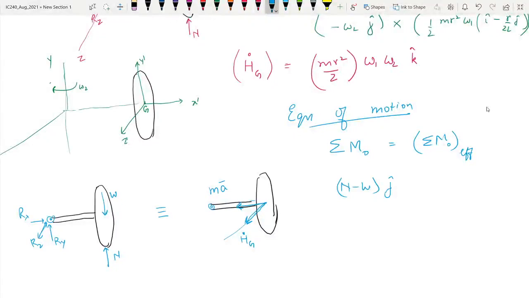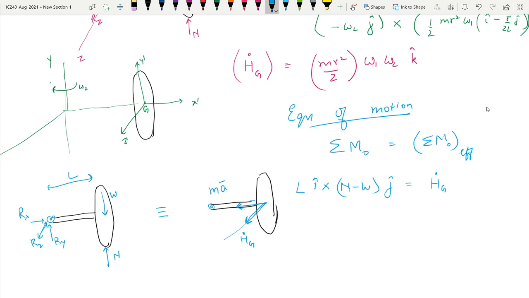So moment is r cross F. So r vector is L i cap. Right, so if this is length L, so this is L i cap cross product with the force is equal to the rate of change of angular momentum, which is Hg dot here.